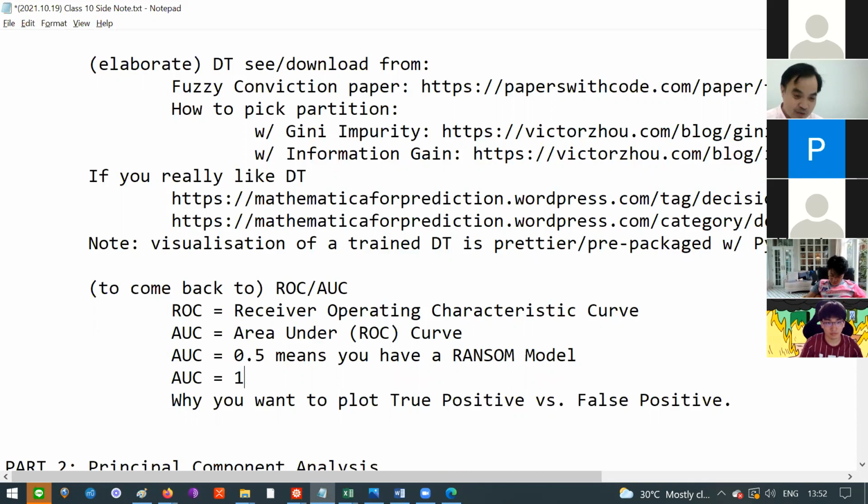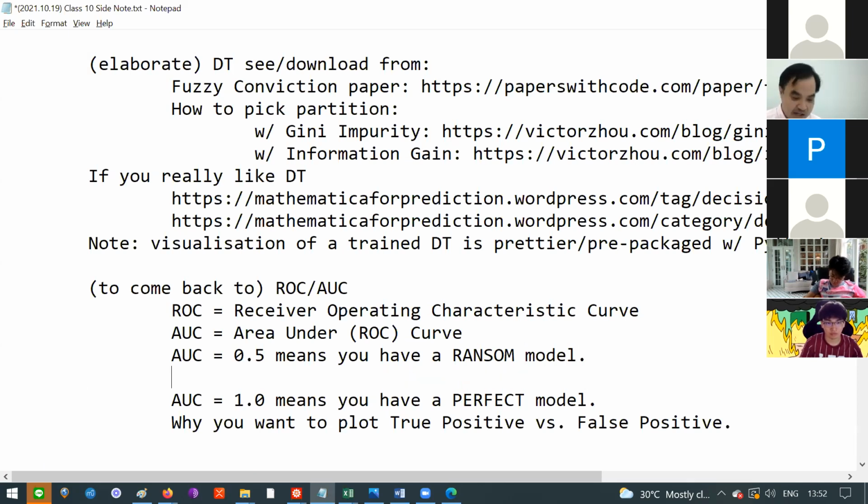An AUC equal to 1.0 means you have a perfect model. If AUC is greater than 0.7, it means you get paid.